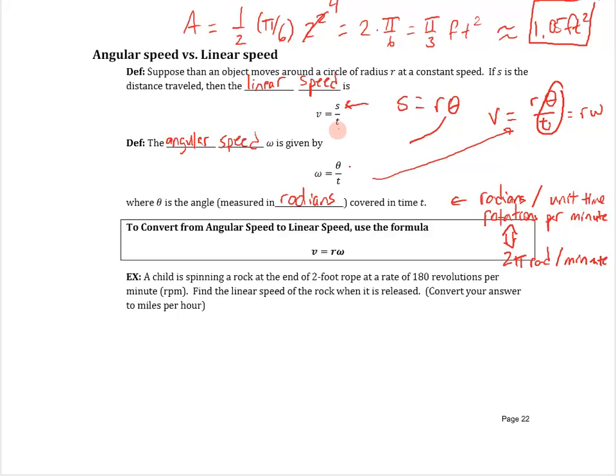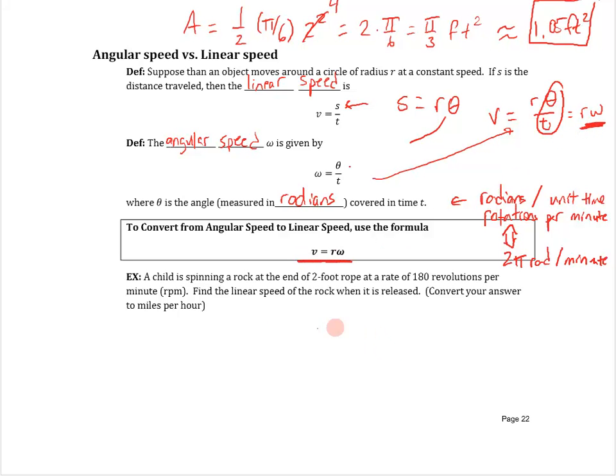The point being that if you know the angular speed, rotations per minute or radians per minute, you can convert that to linear speed using this formula.